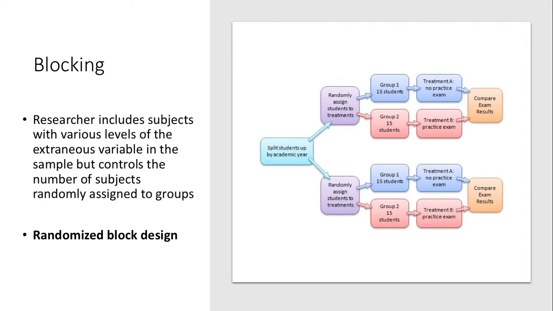Say maybe these are SRNAs, you have juniors and seniors, and you're using some sort of intervention, maybe something to decrease test anxiety. But you want to make sure that you have an equal number of juniors and seniors in either the intervention or the control group. And so you would make sure that in your randomization, you're blocking them. The blocking variable in this case would be academic year, so that you make sure that you have an equivalent number of subjects in each group.